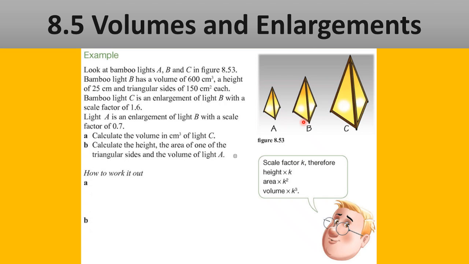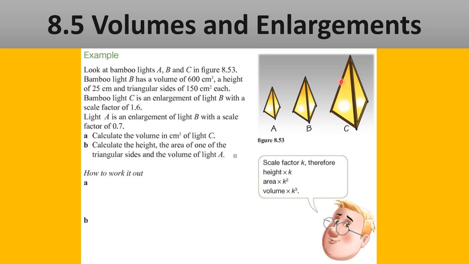So we know a length, we know an area, and we know a volume of B. Bamboo light C is an enlargement of B with a scale factor of 1.6. Light A is an enlargement of B with a scale factor of 0.7. That's correct. The scale factor is lower than 1, it's between 0 and 1. That means I get an enlargement that is smaller, right?